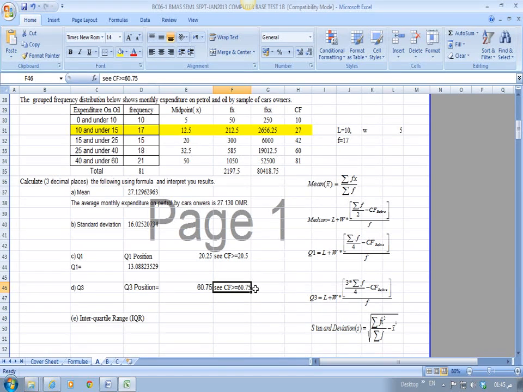If it is exactly equal, then okay. Here the CF values are less, less, less, less. So the last one is greater than 60.75. It means that this is the Q3 position.